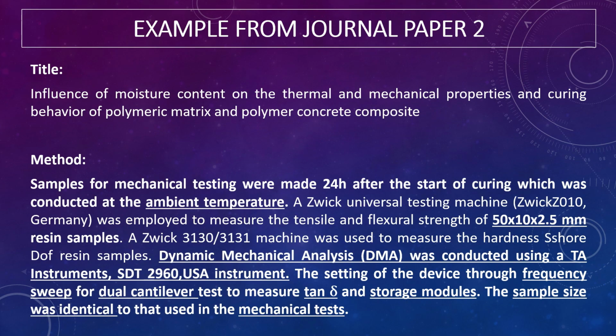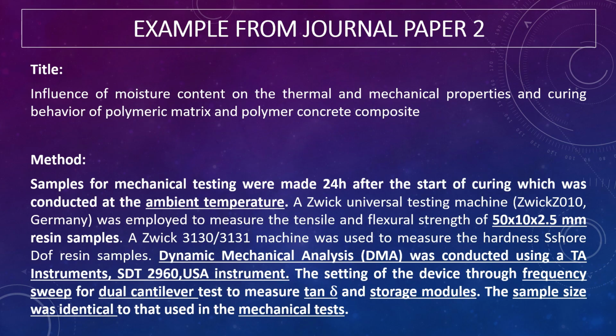The example from the second journal paper has the title Influence of Moisture Content on the Thermal and Mechanical Properties and Curing Behavior of Polymeric Matrix and Polymer Concrete Composite. For the method, the samples for mechanical testing were made 24 hours after the start of curing, which was conducted at ambient temperature.